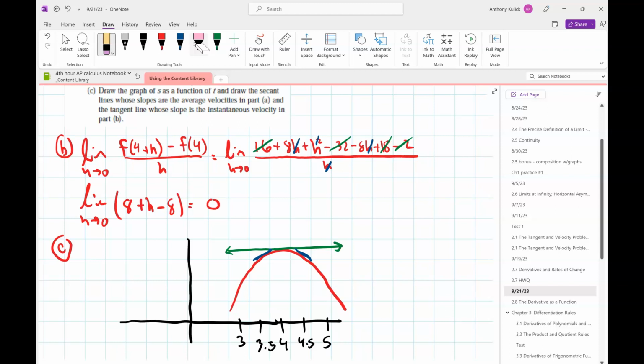Oh, I should, it said secant lines, not tangents. Those are all tangents. So 3 to 4, so like that. 3.5 to 4, it's like that.